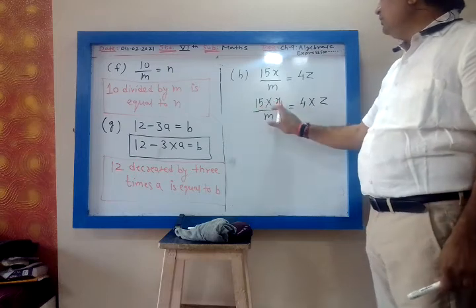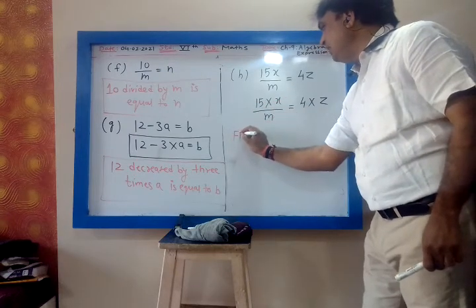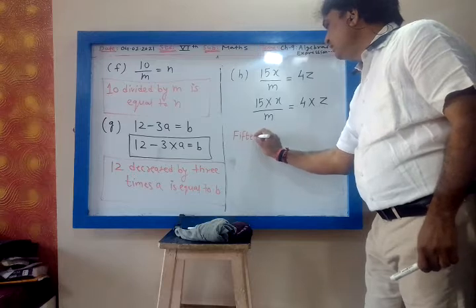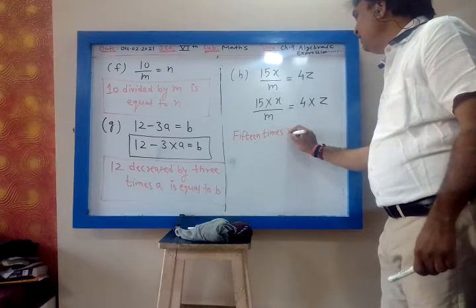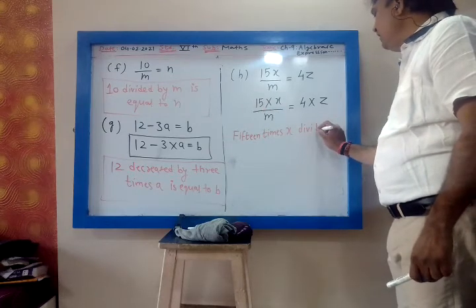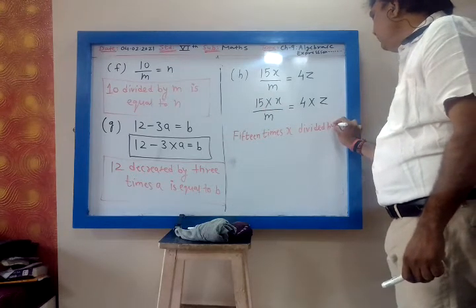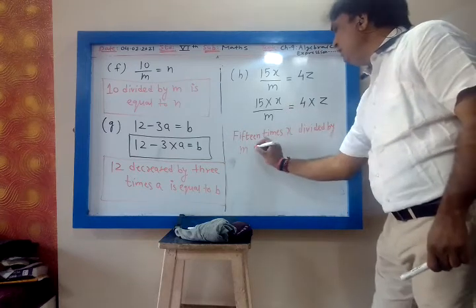So 15 into x means 15 times x. So we write 15 times x divided by M, then equality means is equal to.